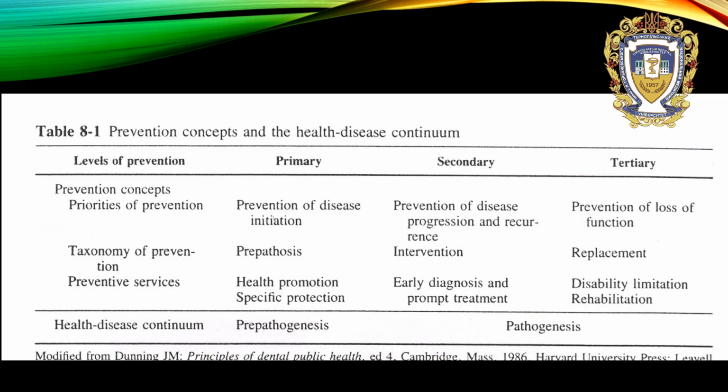The shown table is about prevention concepts in the health-disease continuum. As you can see, three levels of prevention are shown: primary, secondary, and tertiary, and prevention concepts.